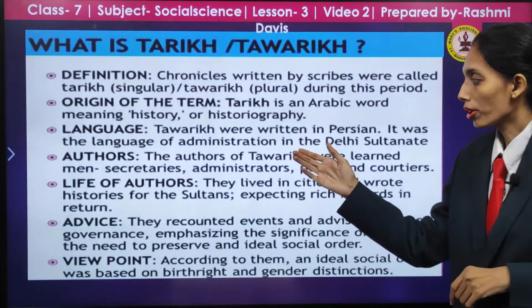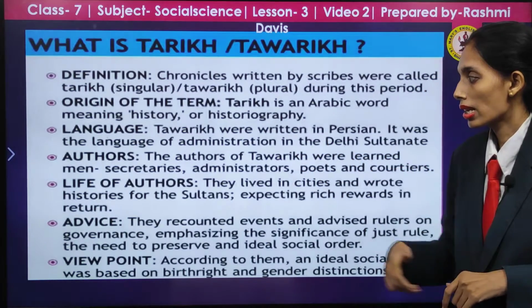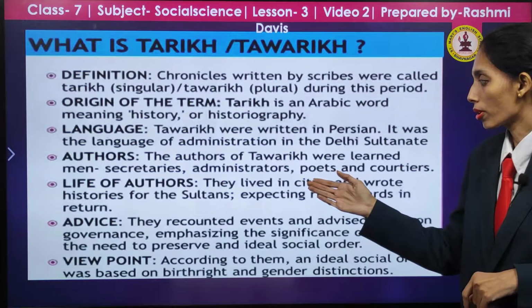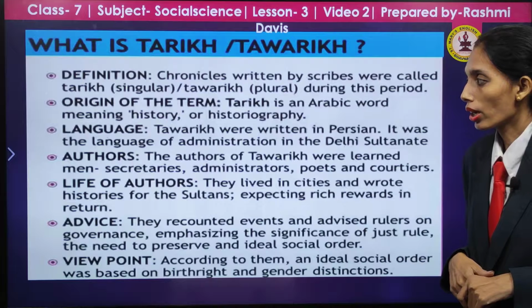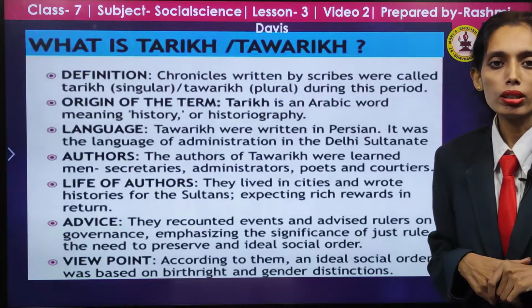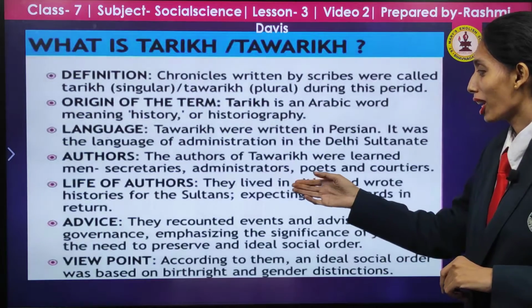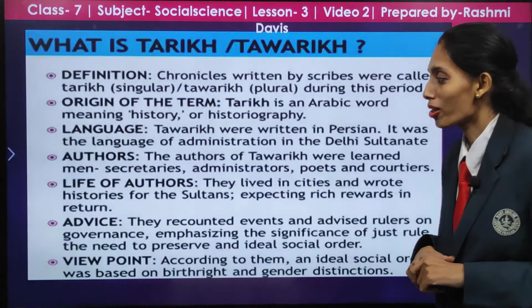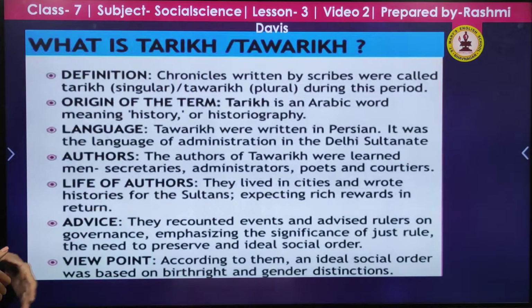Authors. The authors of Tawarikh were learned men, scholars, secretaries, administrators, poets, and courtiers. Life of authors: they lived in cities and wrote histories for the Sultanate, expecting rich rewards.